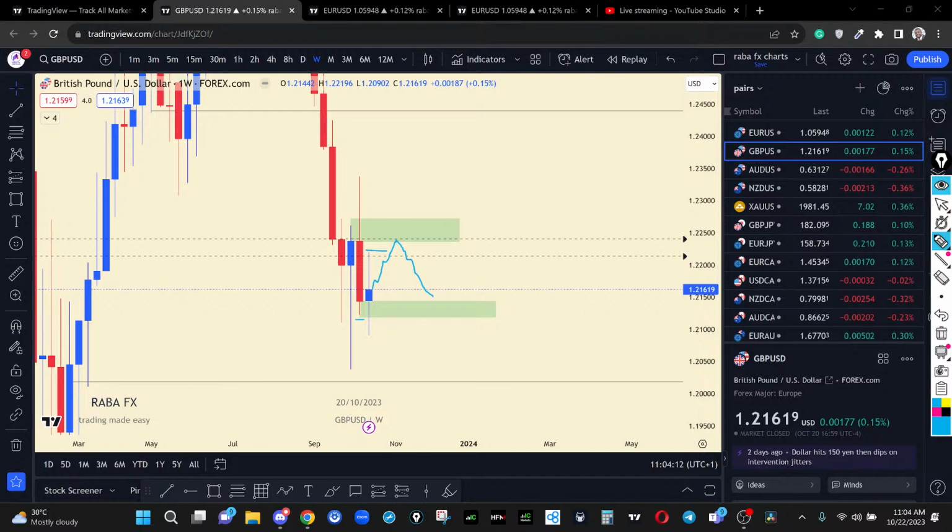So what is the game plan here? If possible, we can look for a buy in here, this support level created by the reversal opening price. Once price gets into this support, I'll be looking for my entry confirmation to trade, targeting this liquidity.